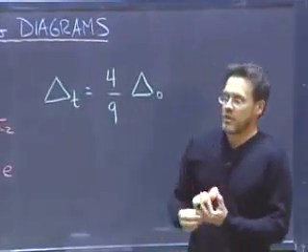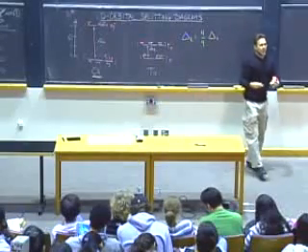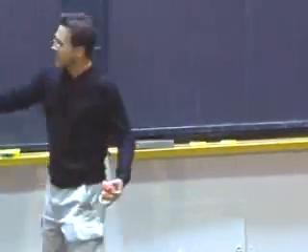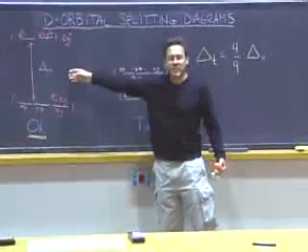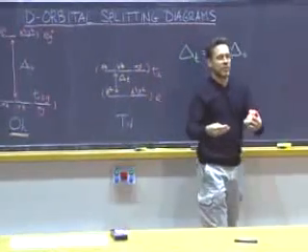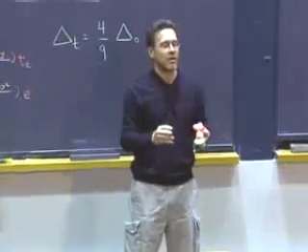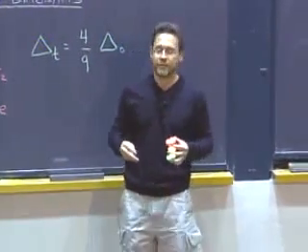Okay, so one of the neat things about this result qualitatively is that if you have more ligands, 6 versus 4, you have a larger splitting of the energy levels. And that corresponds to putting more Lewis bases, more negative charges around that sphere that we talked about in the coordination sphere.